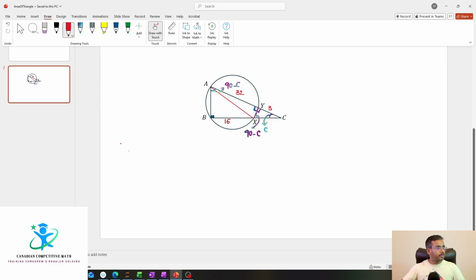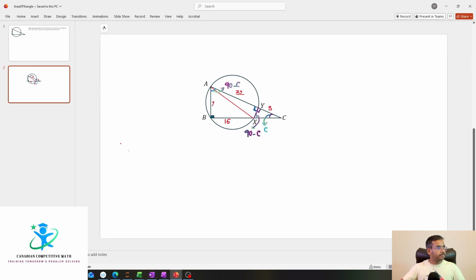AB is 28. But my aim is not to find what AB is. My entire goal is to find the area of this entire circle, and I have to find AX for this.